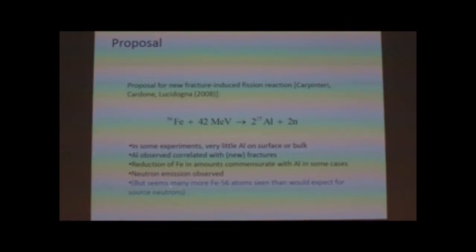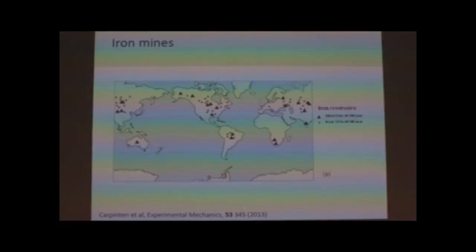From my perspective, if you're measuring new aluminum, to be able to see it, there has to be a lot there. The number of neutrons that they're measuring is a very tiny number, so I don't see how the new aluminum could possibly be balanced to the number of neutrons that are produced. But it's a question, and it's not been addressed quantitatively.